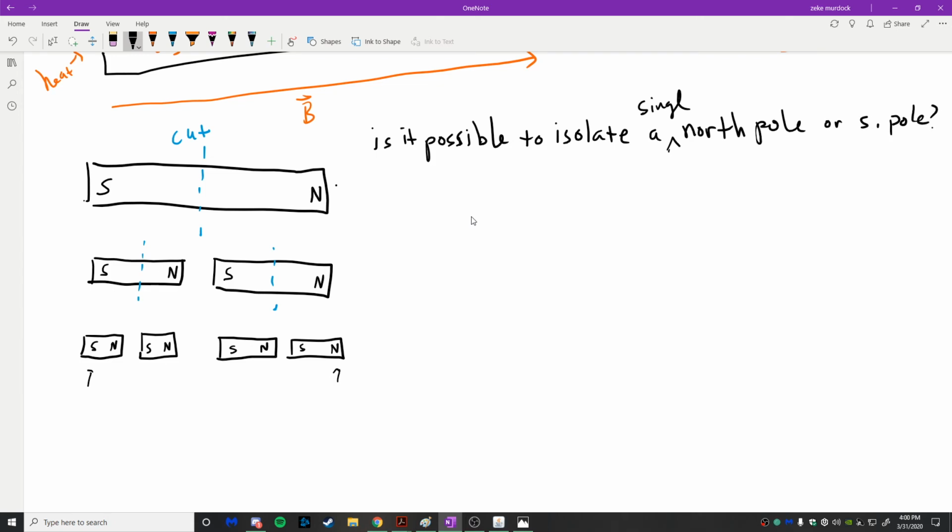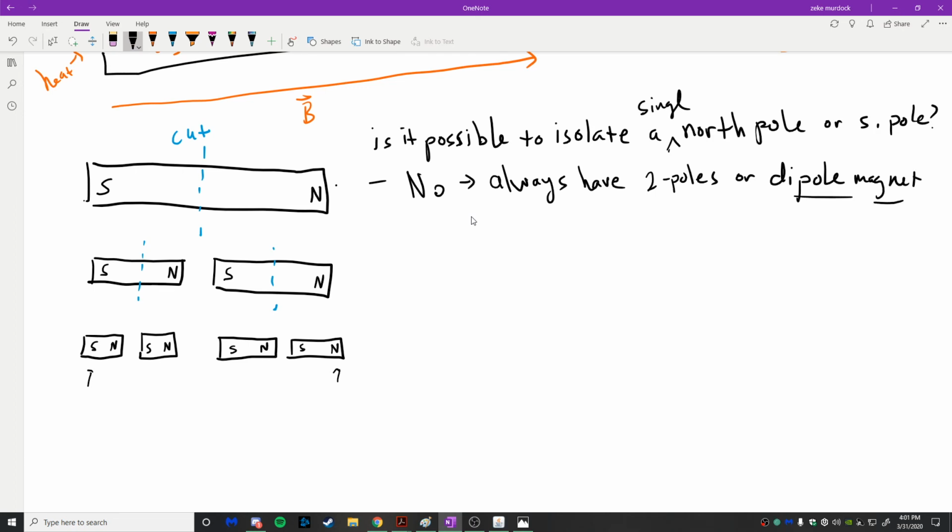Like, can you cut this down enough to where you get just a north pole or just a south pole, right? And the answer is no. You always get a dipole. You always end up with a north and a south. Always, 100% of the time. It is impossible to isolate either a north pole or a south pole, okay?